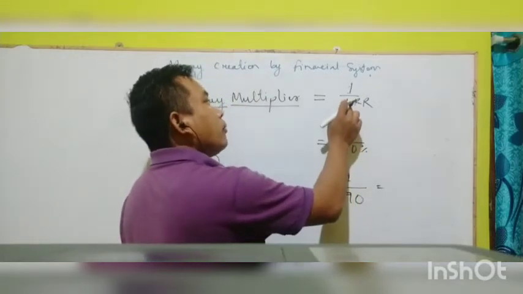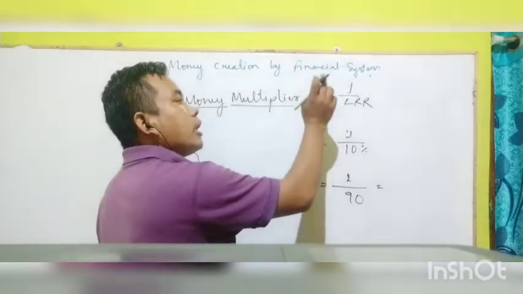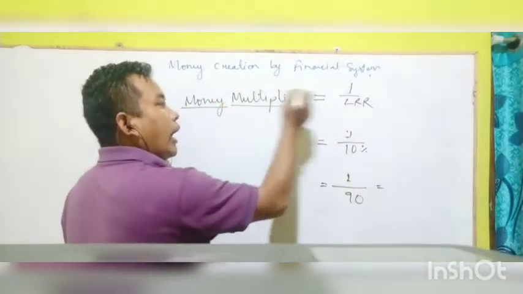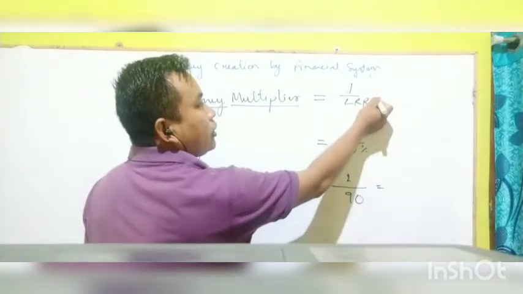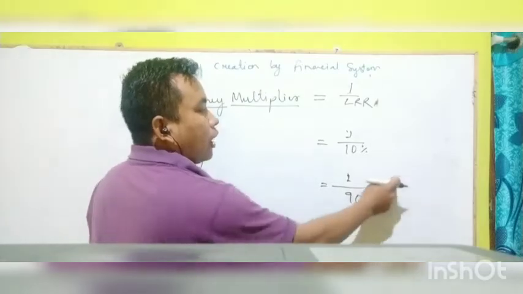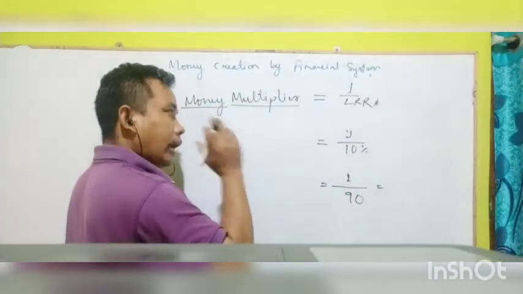This LRR determines how much money will be created. In another word, there is negative relationship between the amount of money which will be created and the legal reserve ratio. Higher the legal reserve ratio, from 10 to 90, the amount of money created, the money multiplier, will be declined. Okay, and vice versa.